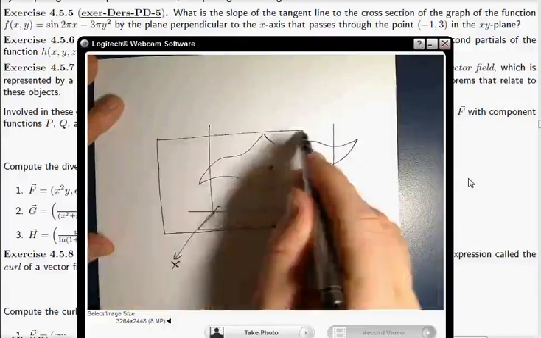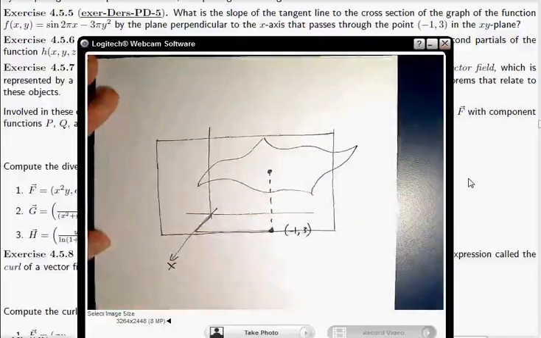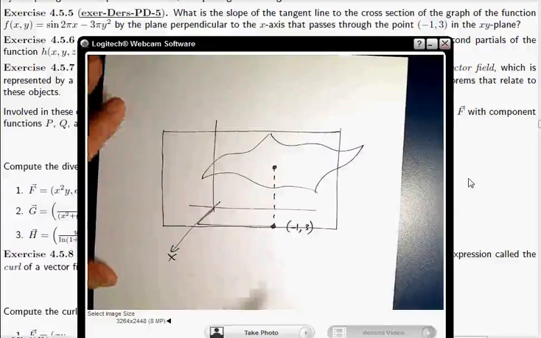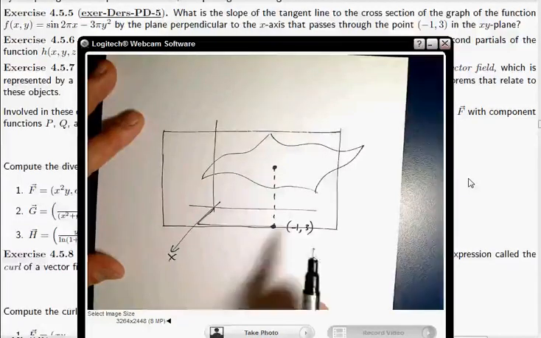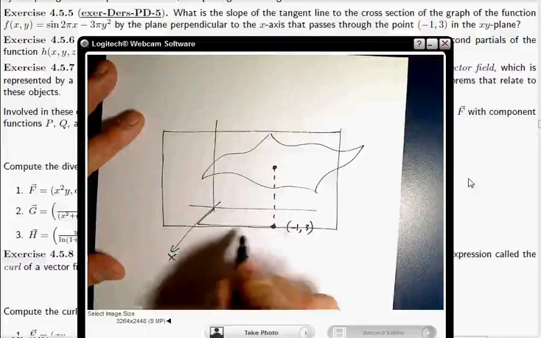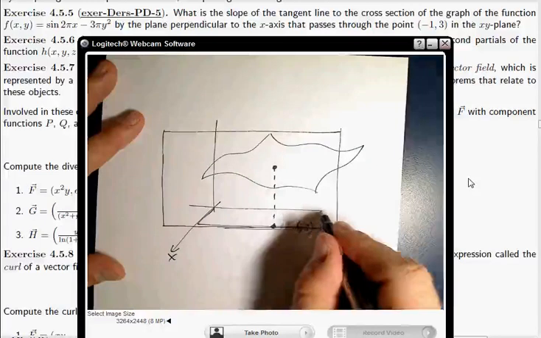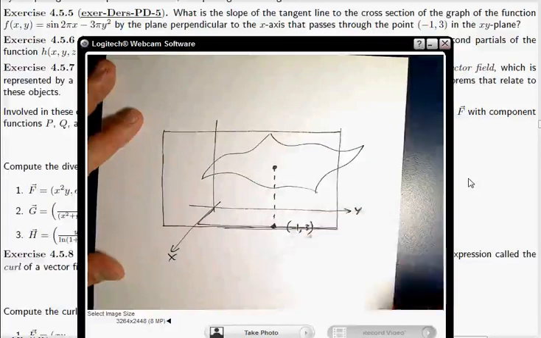Does that make sense? It's a vertical plane, and as it's perpendicular to the x-axis, you'll notice, interestingly, it's also parallel to the y-axis.